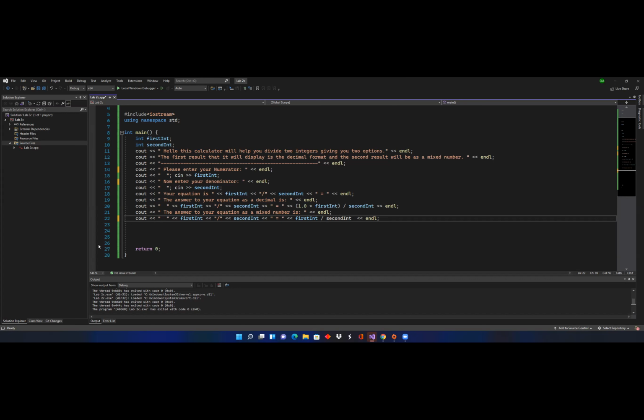I'll copy the line that I used for my fraction and throw it in chat. This is what I used for the fraction. Your fraction, num1 over num2, and then you got the numerator by doing the modulus, then divided by the modulus.